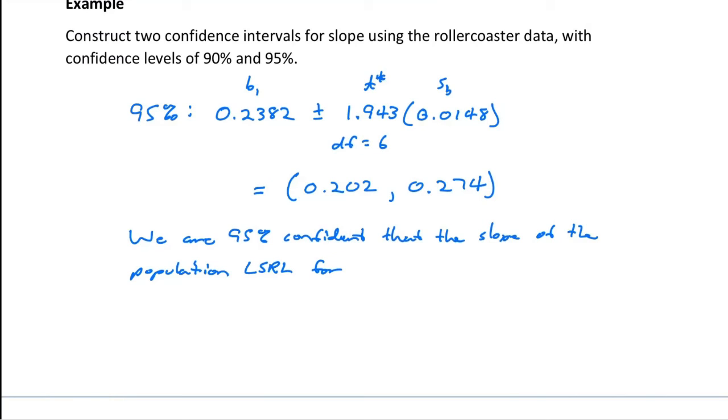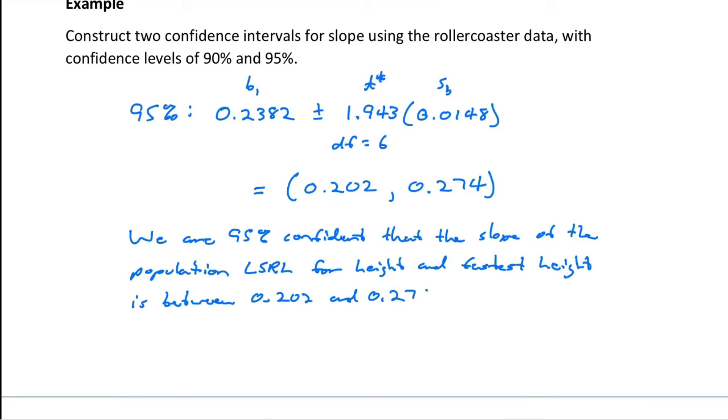So this is the population LSRL for height and fastest speed. Those are the two variables that we're comparing here. Is between 0.202 and 0.274. That would be how we would interpret that, okay?